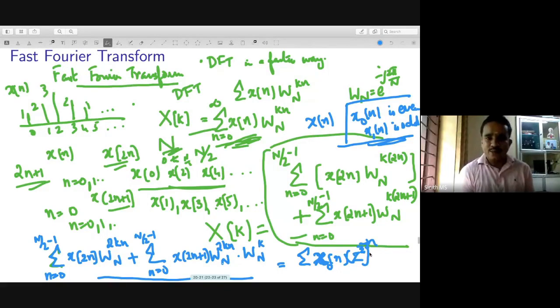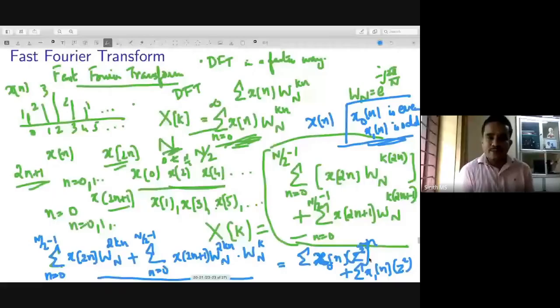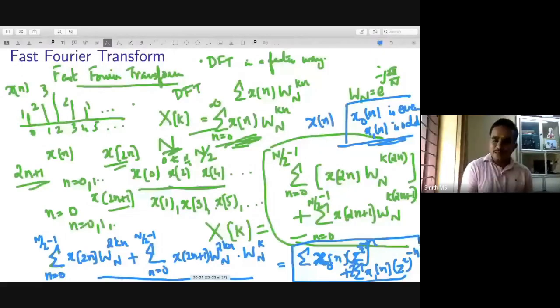So this will become z square raised to minus n, plus sigma x1(n), where x1(n) represents the odd terms of x(n), z square raised to minus n again, and instead of W_N raised to n you will be having z raised to k. So this is basically called a polyphase decomposition, which you may not be knowing now. We'll see it later.